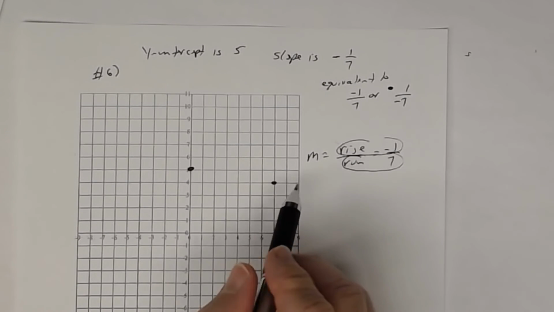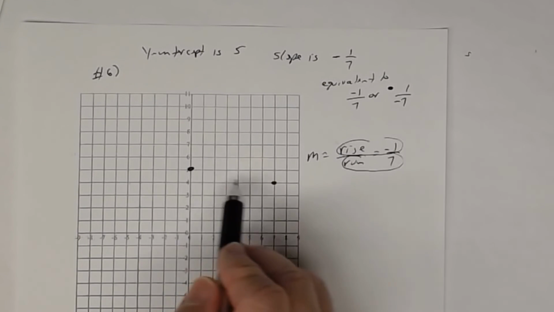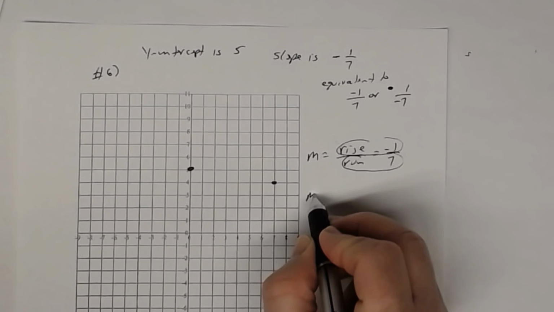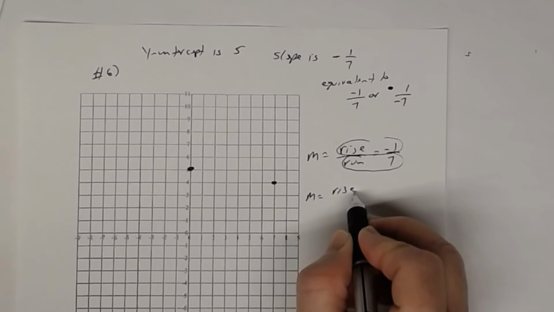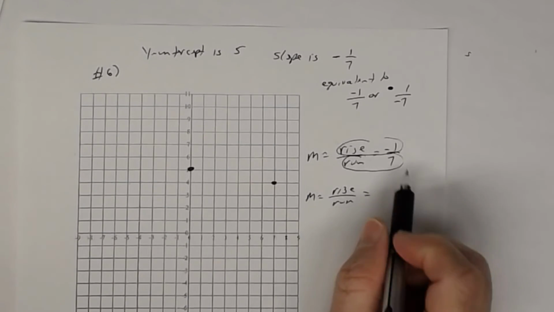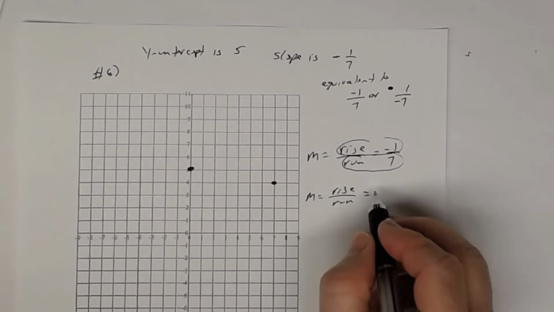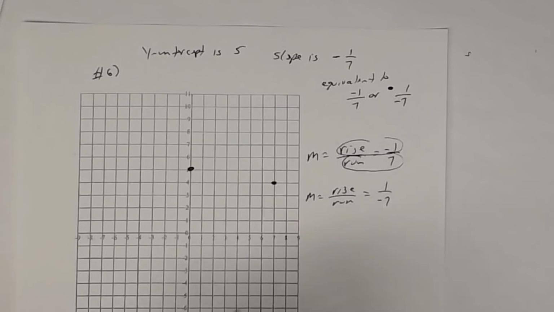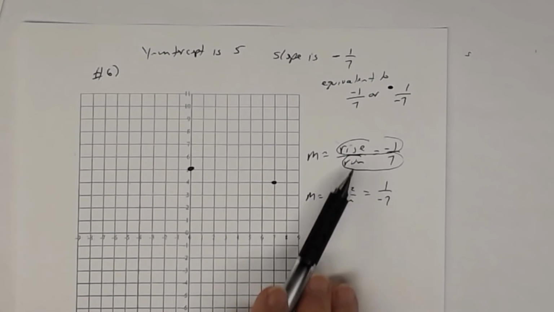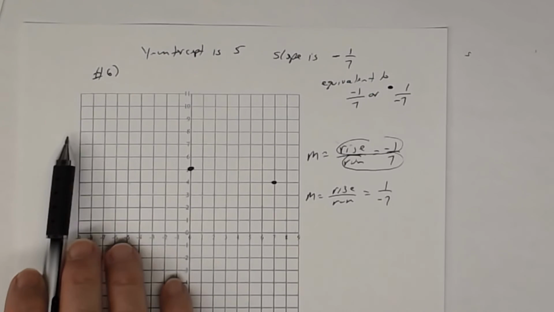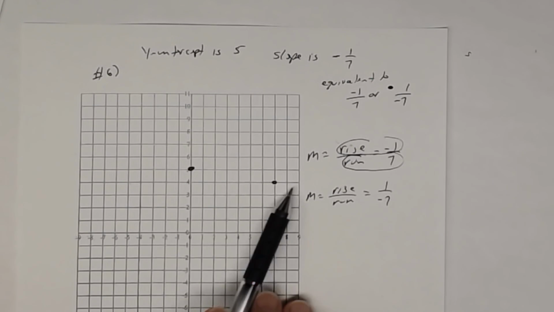Now you would just go ahead and graph the line, but I want to show you this. Suppose someone else said, I'm going to use 1 divided by -7. All right, no problem. You can do that. Regardless of which one you use, all those points have to lie on the same line, and they will.